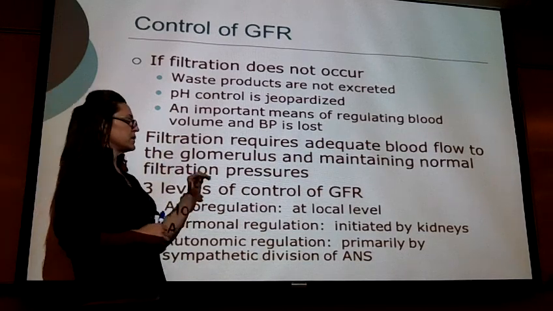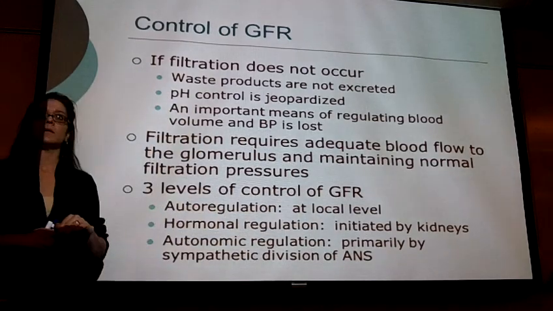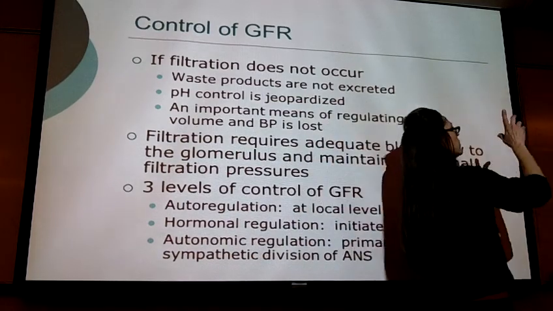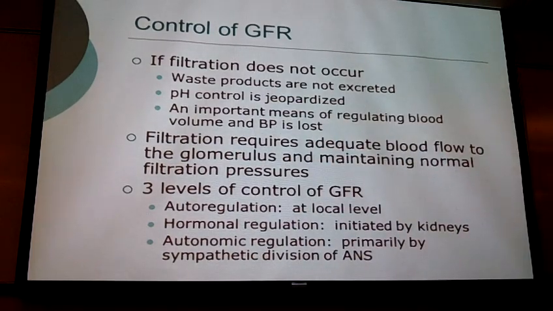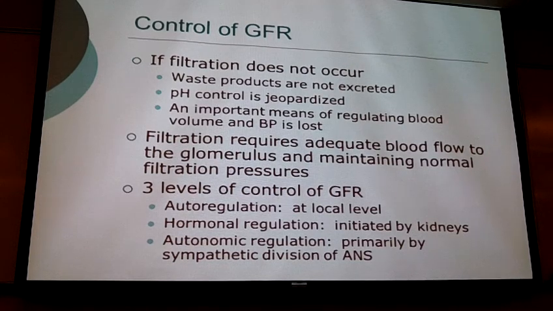The urinary system primarily maintains GFR through autoregulation at a local level, meaning that every single one of those 1.5 million or so glomeruli in the kidney are dealing with their own GFR themselves.